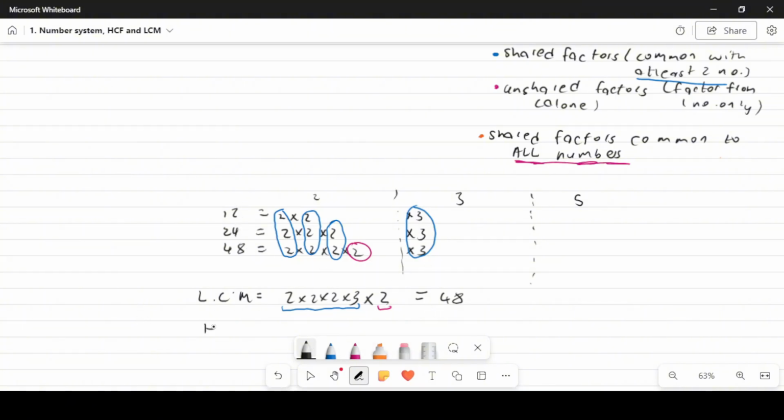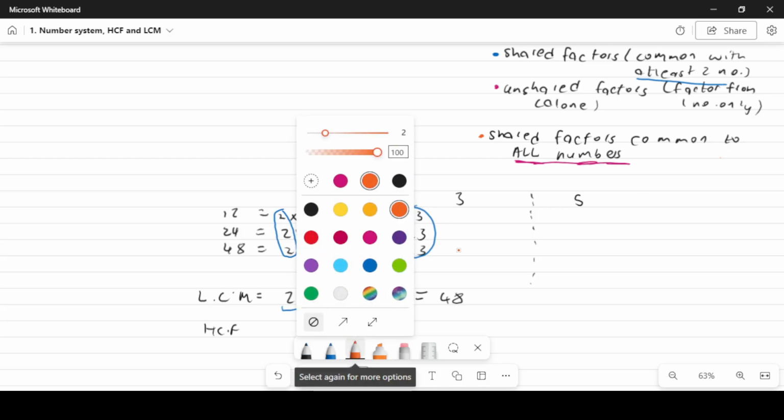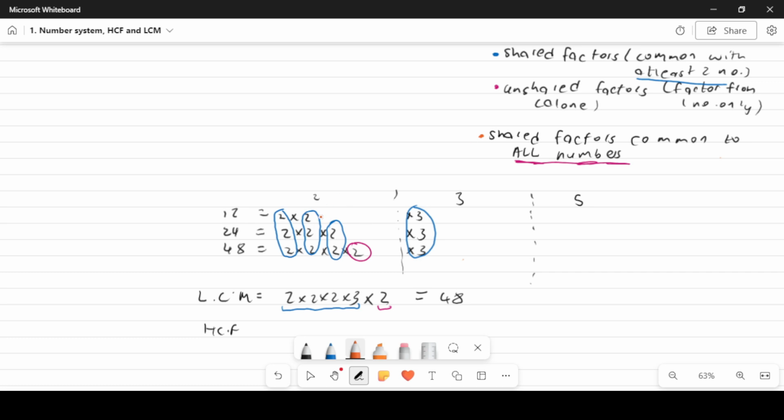Now, if we have to work with the HCF, we said that there's something that we need to remember. And that is the common factors, or the shared factors, need to be common with all. So the shared factors need to be common with all. So from these batches of shared factors, see, this is all shared. All the blue groups are shared. Which of these shared factors are common to all of the numbers?